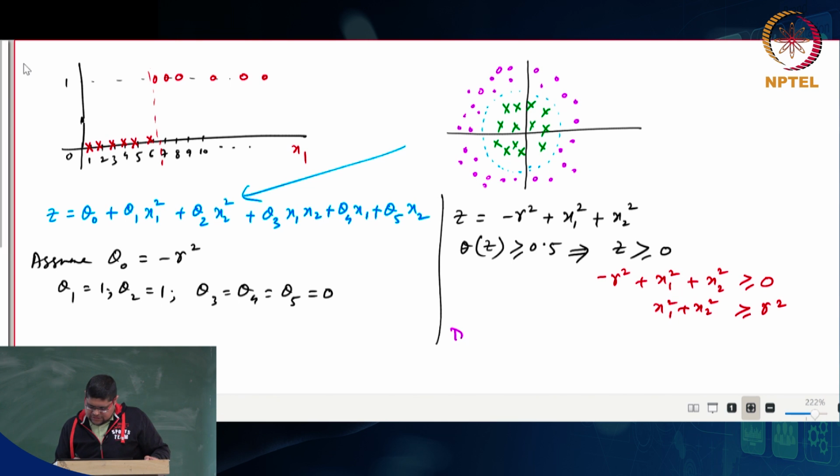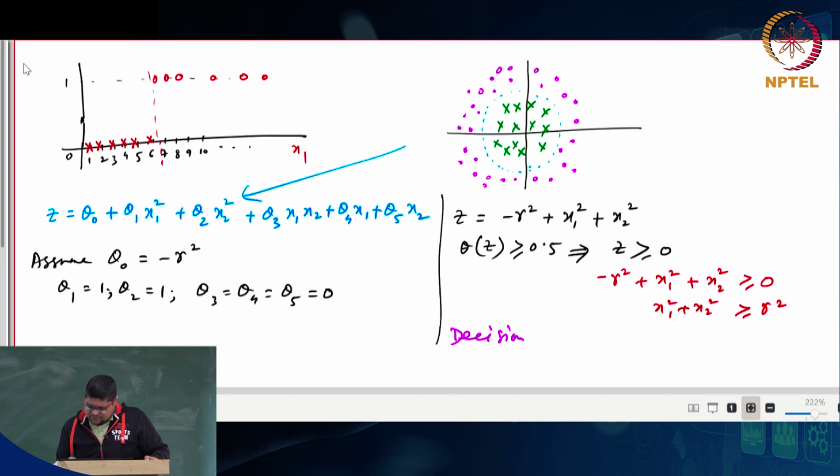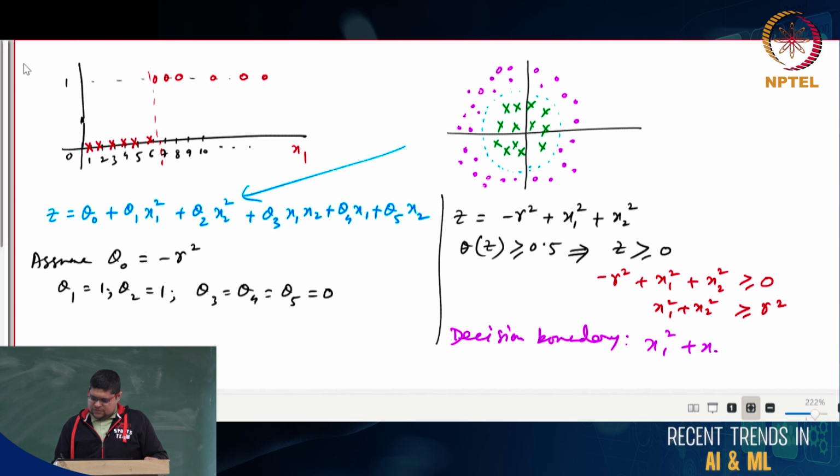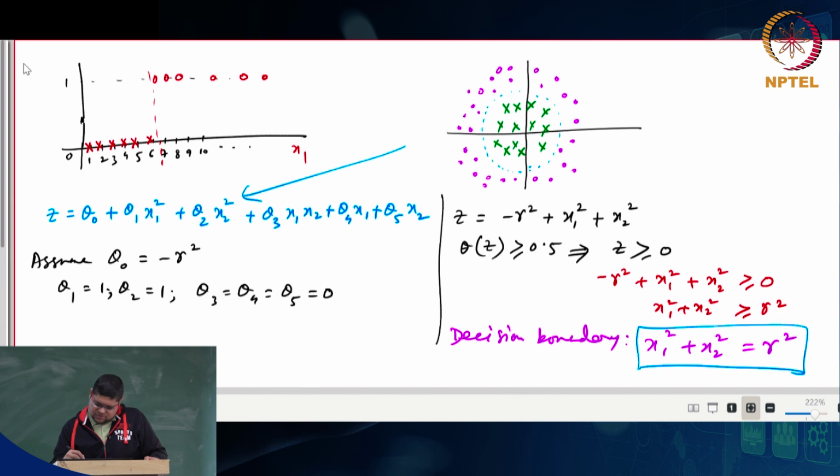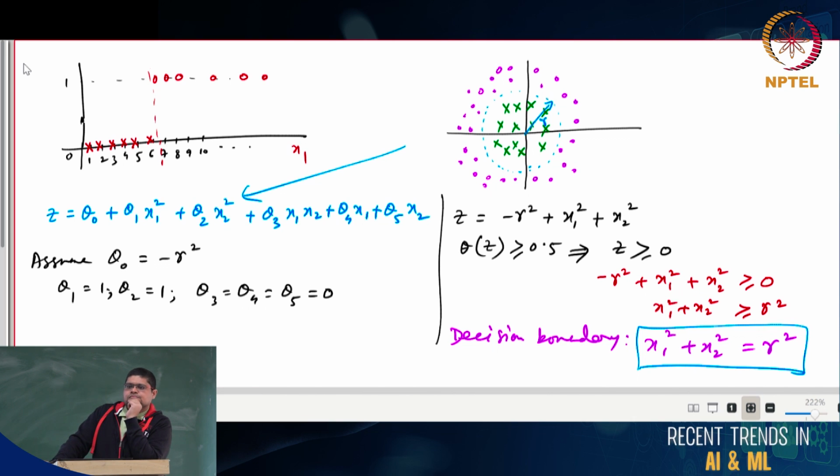So what will be your decision boundary? Decision boundary: x1 square plus x2 square equal to r square. Now you are getting this circle. Okay, so this thing may be your r. Clear? But we want to learn the theta values, right?